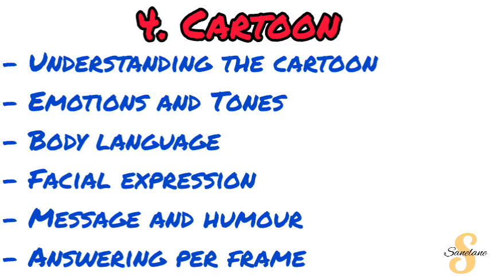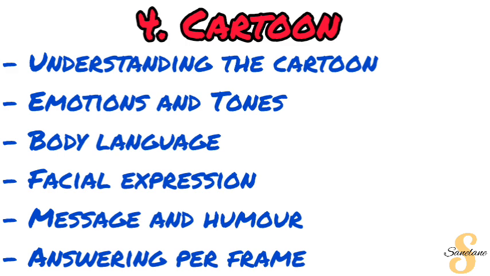Usually the emotions, you find them in the body language as well as the facial expressions. The tone, you will usually hear it in the speech bubble, what type of tone that they're using, depending also on how the lettering in the bubbles is written. So capital letters usually indicate that a person is shouting, for example. Those are the things that you need to be able to see. Can you get the humor of the cartoon, and can you also understand the messaging of the cartoon itself, even on top of the humor?